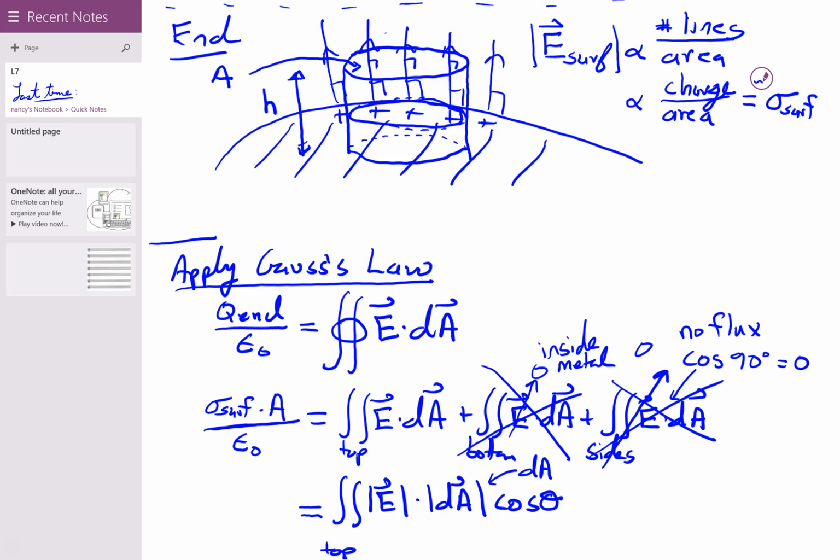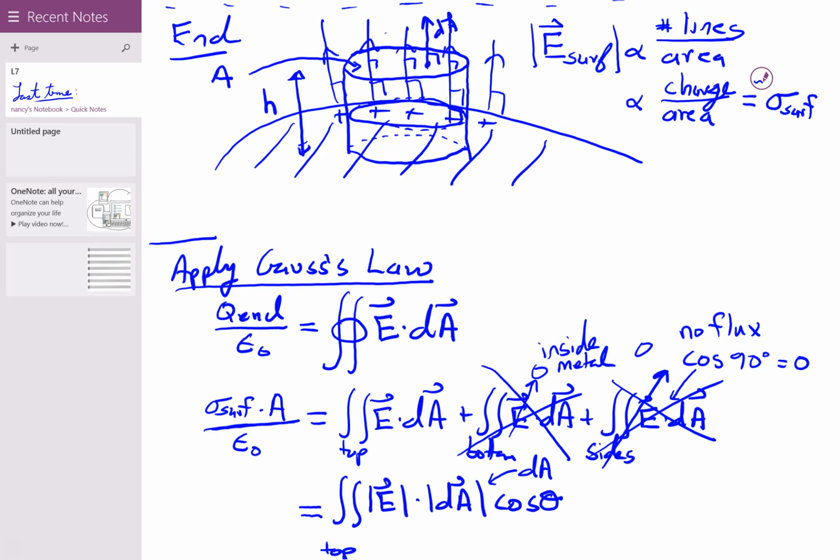The angle theta is the angle between the electric field, which points straight up, and a little dA vector, which has to be perpendicular to my surface. That dA vector is going to be nicely parallel to the electric field vector, so the angle between them is 0.